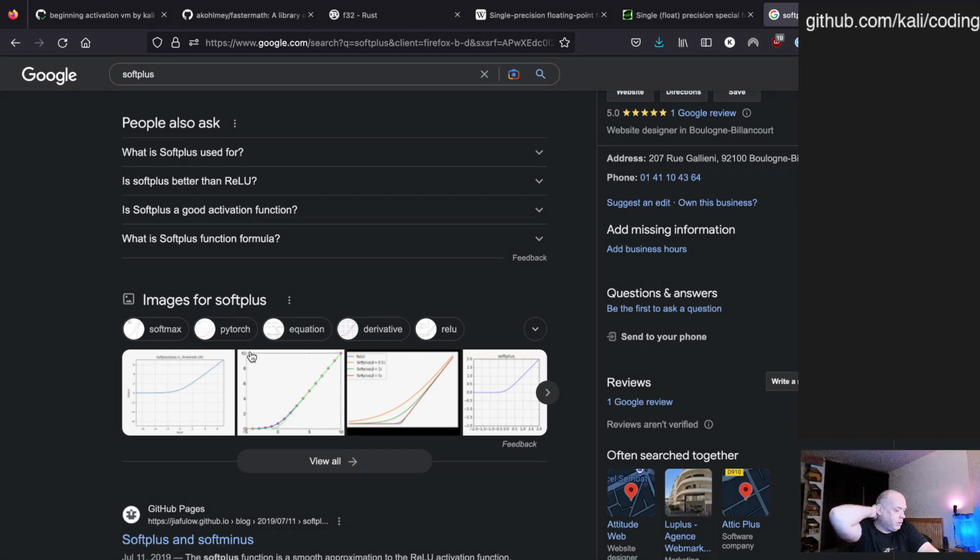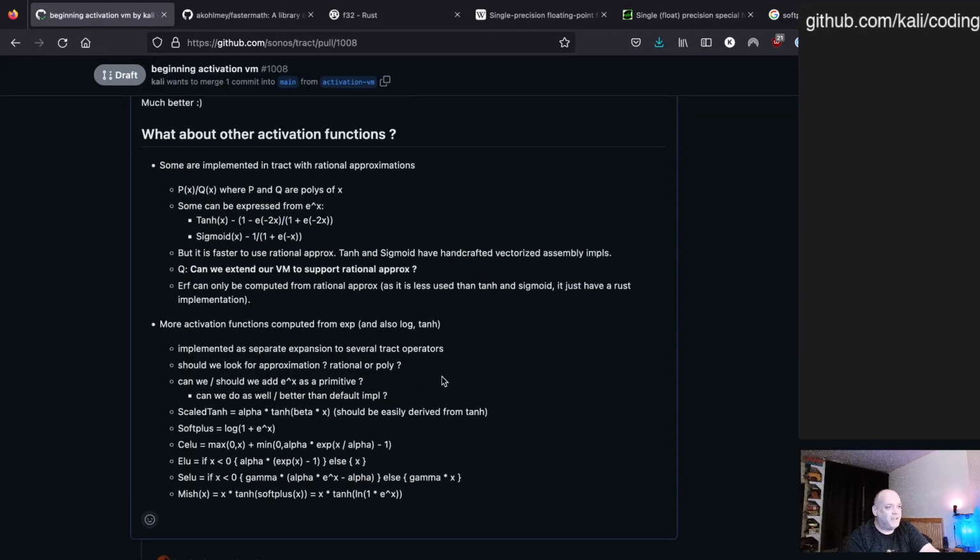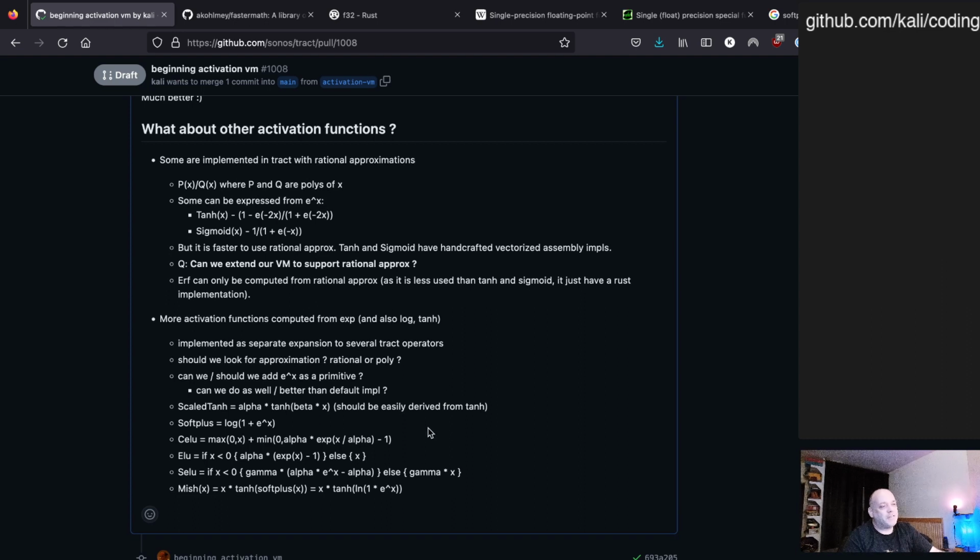I'm not sure. If I'm trying to come back to where I was, this one we could rely on the rational approximation of Tanh with one more multiplication. That one is kind of problematic if we don't have exponentiation and logarithm.